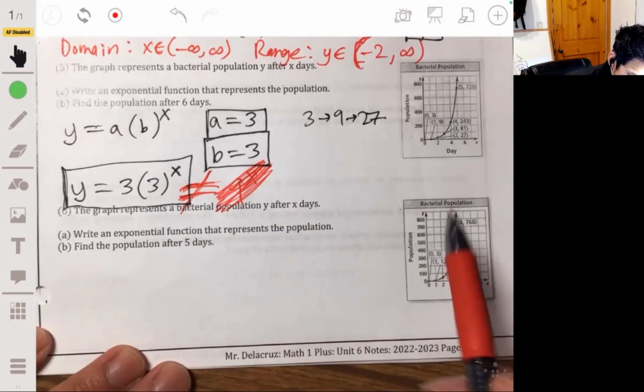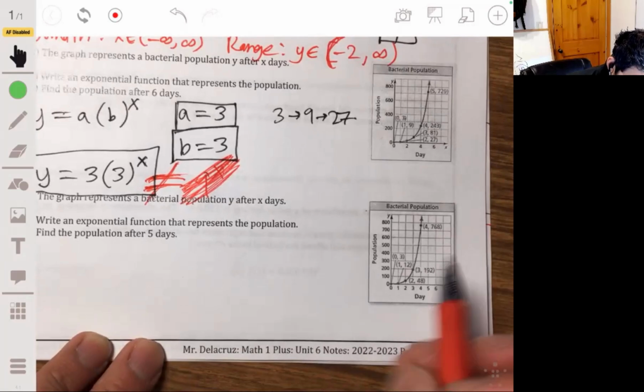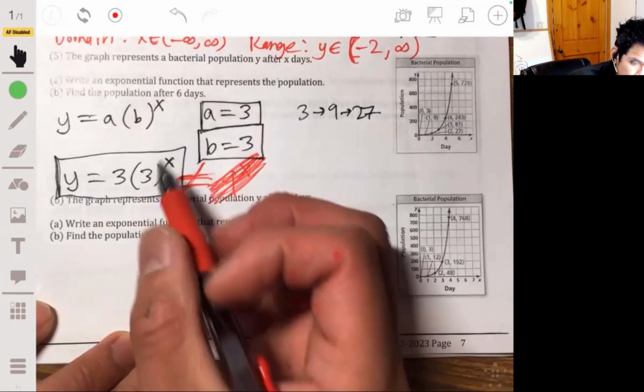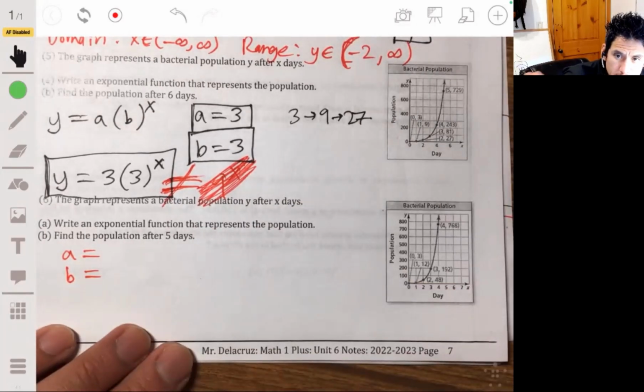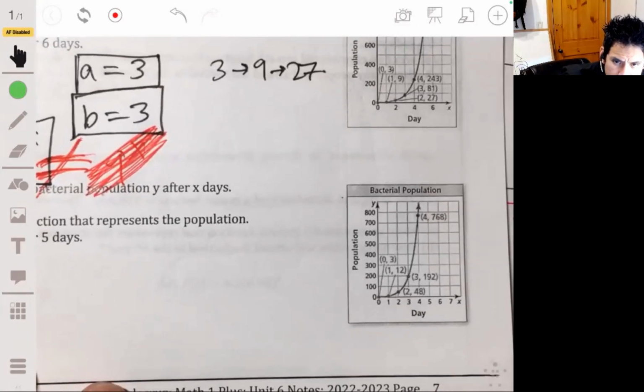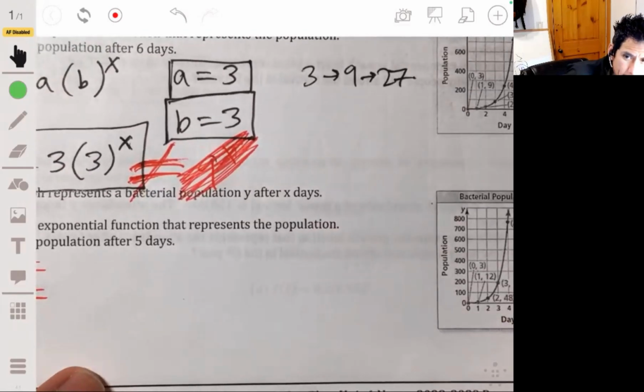Anyways, one more of these. Write the exponential function that represents the population for this bacteria. So again, we'll use that same exponential. Let's find what the a and b values are. Zooming in. Almost the same. We have 0, 3, so the a is 3.